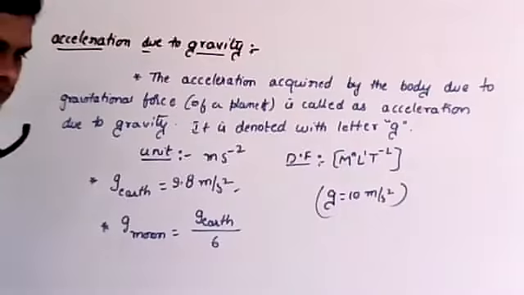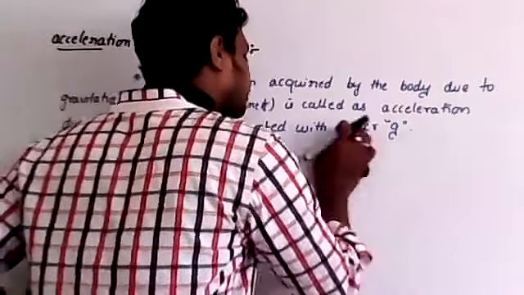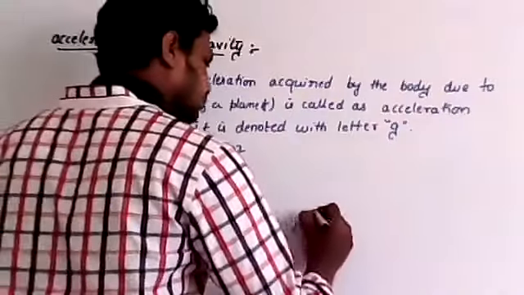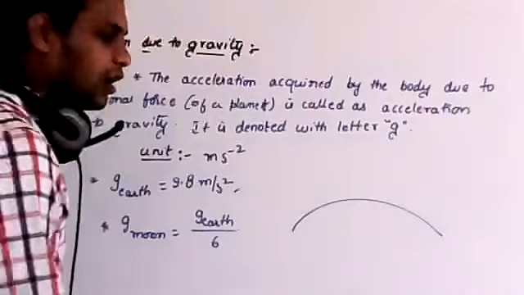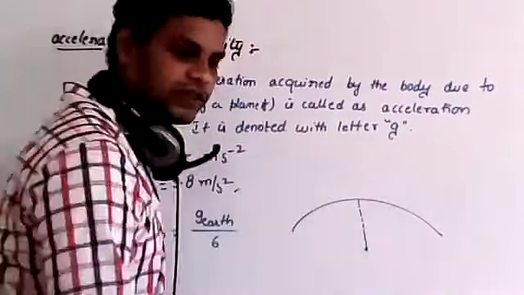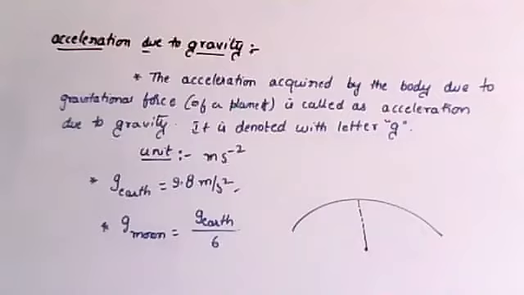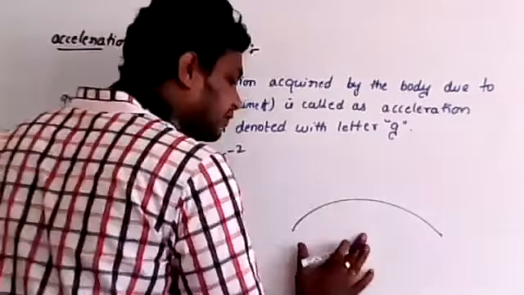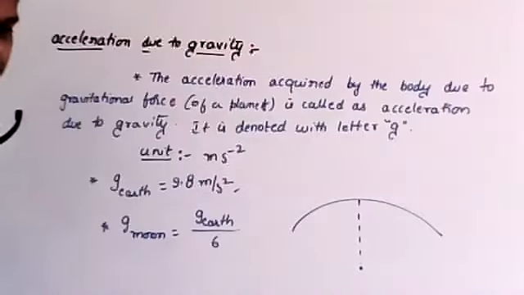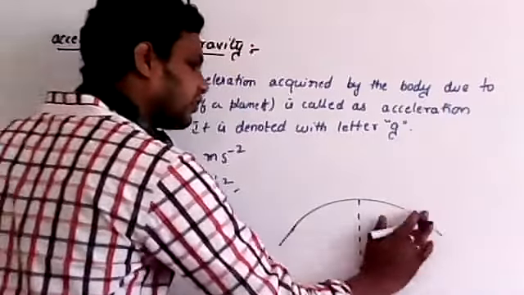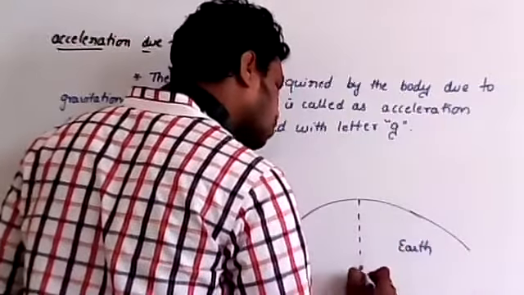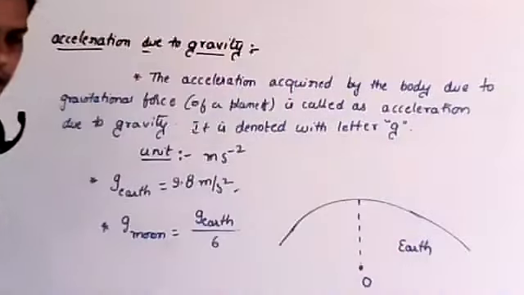Now listen to one point. If you take Earth, acceleration due to gravity is always towards the center of the Earth. For example, I'll take this as the Earth. So acceleration due to gravity is always towards the center of the Earth.